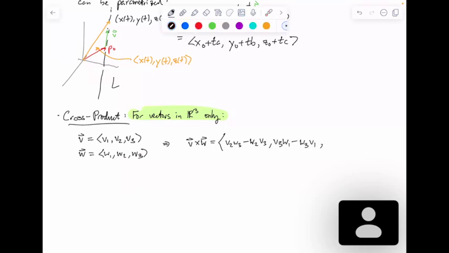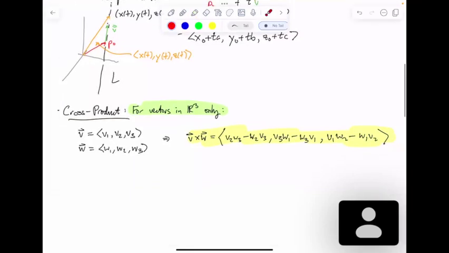And then finally, for the z component here, you remove this column and you look at this square here, and do v1 times w2 minus w1 times v2. All right, so here's your formula for the cross product.